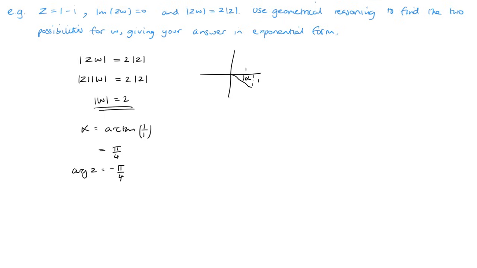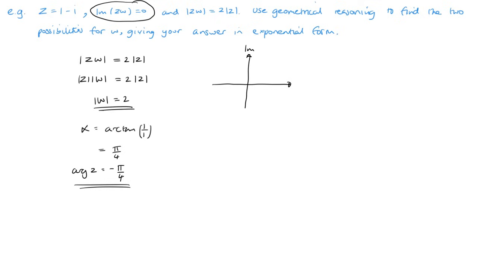So far we've created two key pieces of information. Finally, we've got this piece of information here, which tells us that ZW must lie on the real axis.